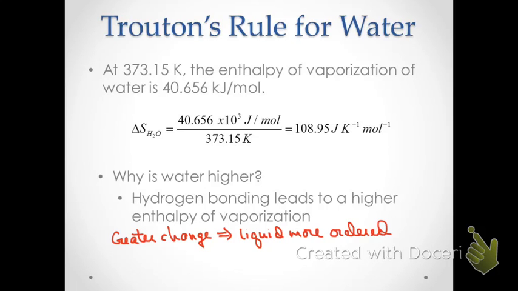And you can make some sense of this in terms of our discussion of order and disorder. The hydrogen bonding gives the liquid a greater degree of order than would otherwise be expected. So the change in going from the liquid state to the vapor state in terms of order is much greater than would be expected for other types of liquids.